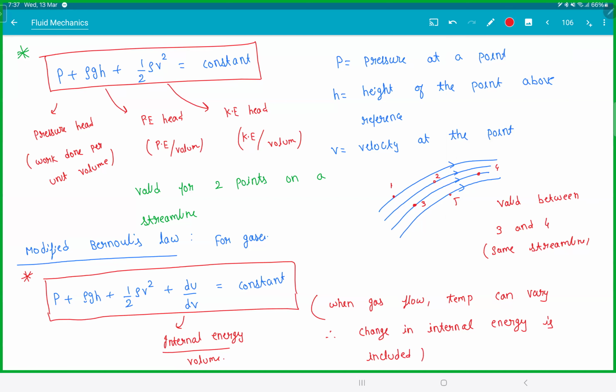Now, if you think that way, it doesn't look like something weird. Clear? Got this? That is one.